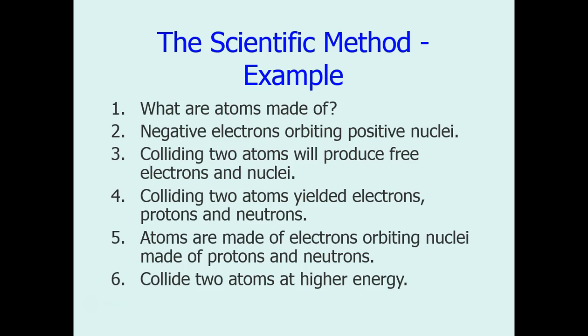Even though he couldn't do it, he thought through it and said, yeah, there's got to be. So he called that smallest piece of whatever, iron, copper, whatever it was, indivisible. That's where our word for atom comes from, the Greek word for indivisible, the smallest particle you can get.